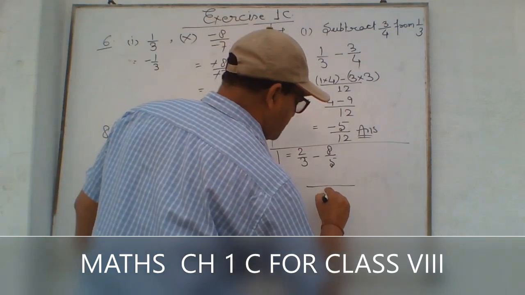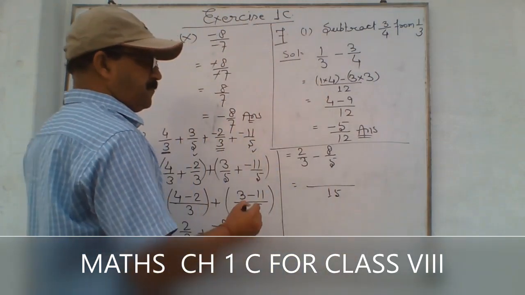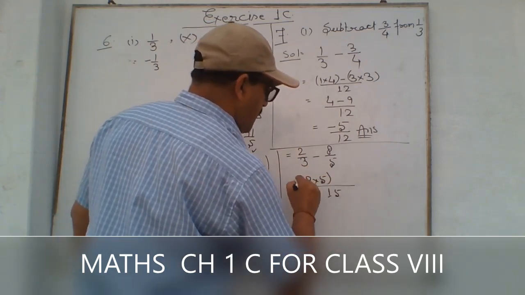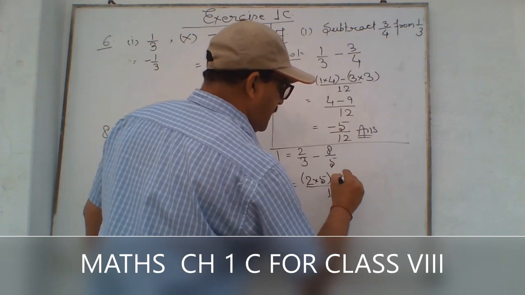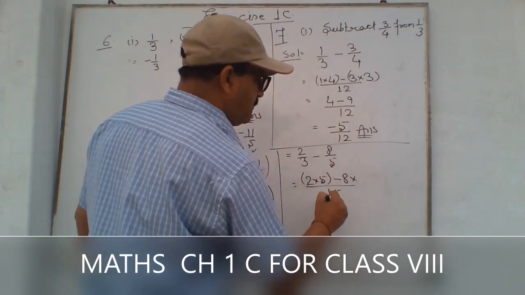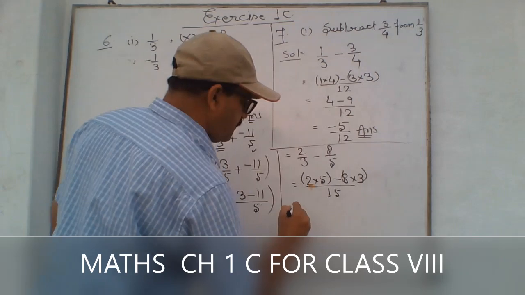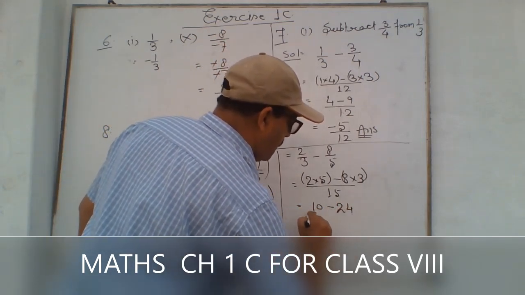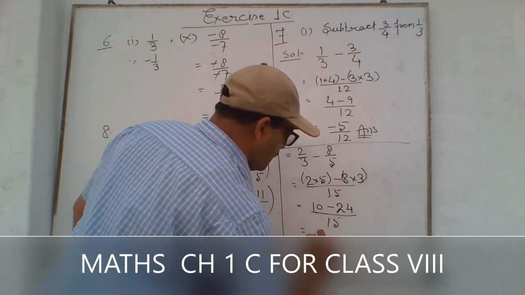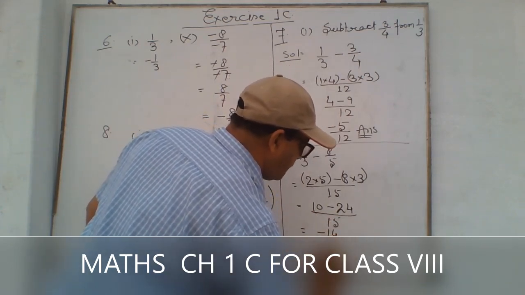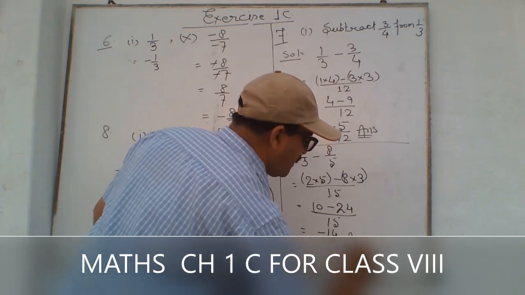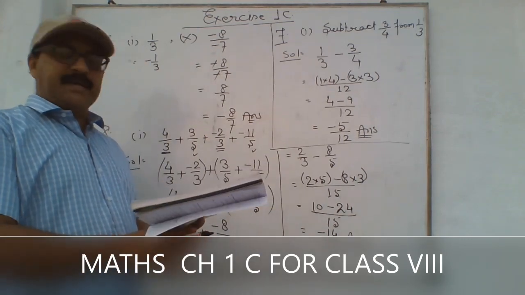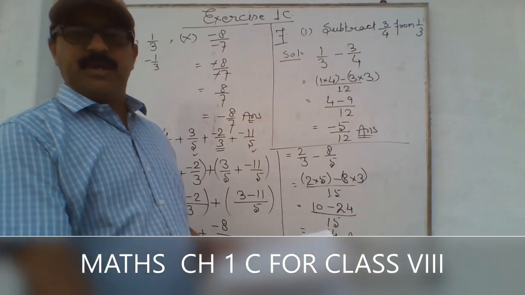The LCM of these numbers is 15. 2 into 5 and 8 into 3. 10 minus 24 by 15. Here minus 14 by 15. This is the answer of the related question. Now I hope till question number 8 you will do.